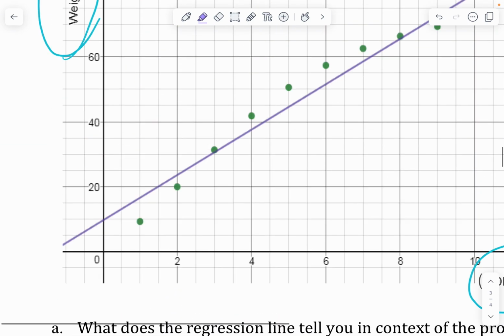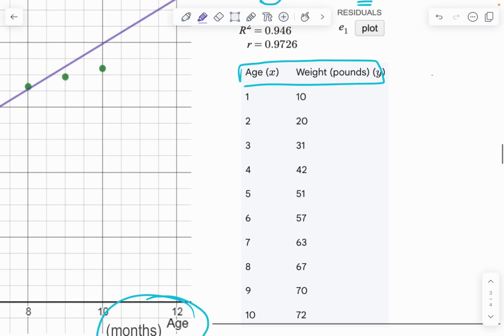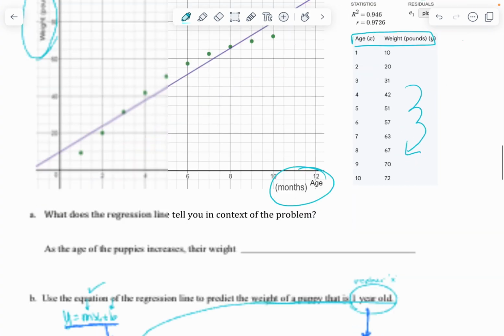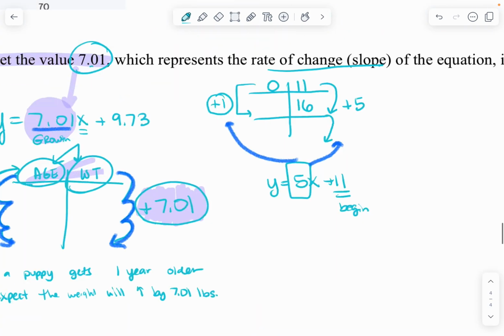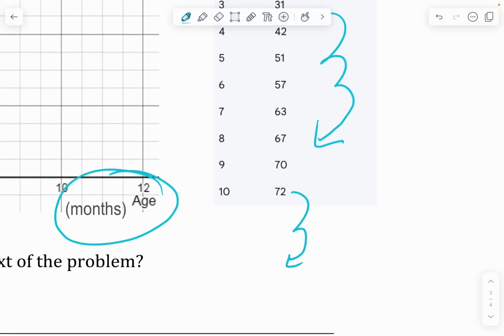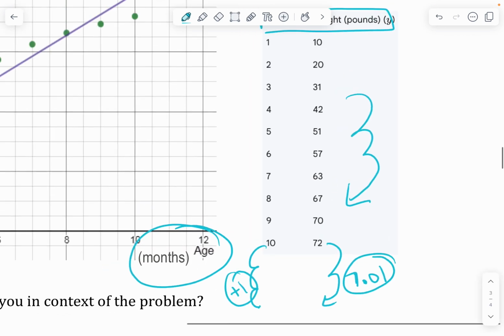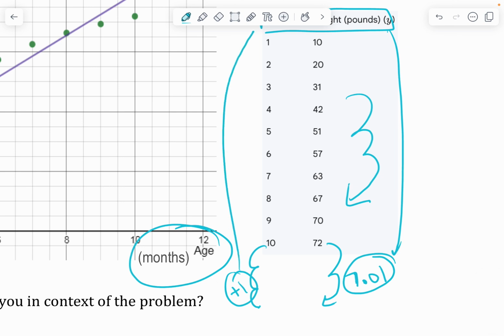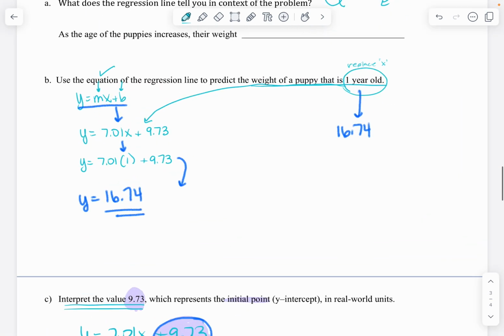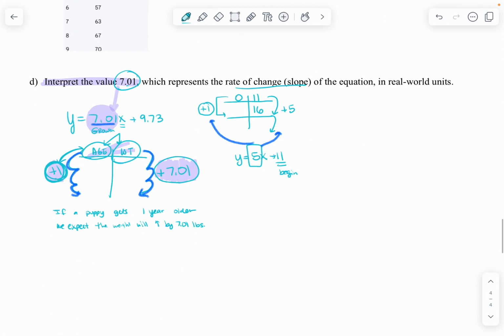You would go back up to the original and say, okay, 7.01 means this would be going up by 7.01 as this side would be going up by 1, and all you have to do is figure out what words are associated with those numbers. It's the same exact thing. Or you could make your own chart. Just make sure that the labels on top with the words match the original description. Okay, I hope that helps.